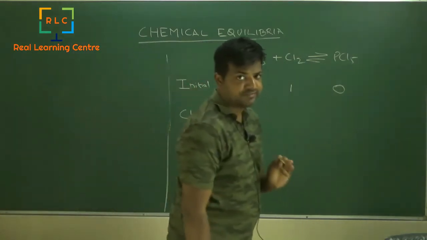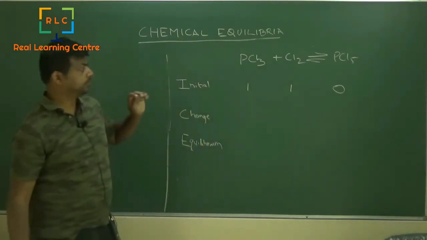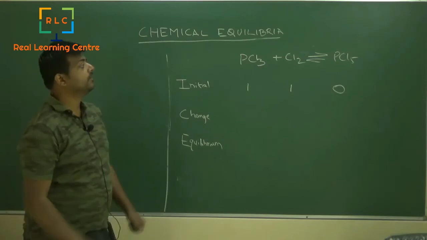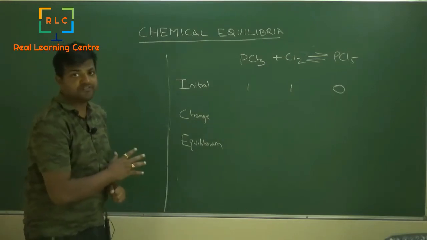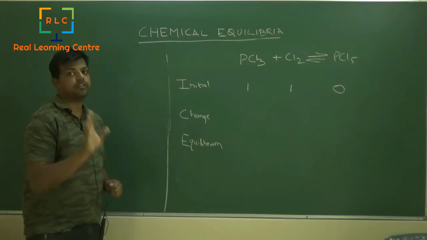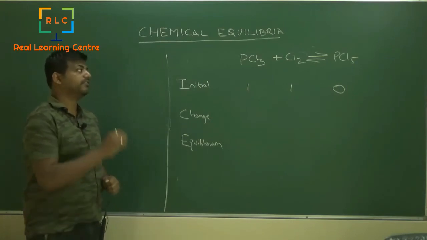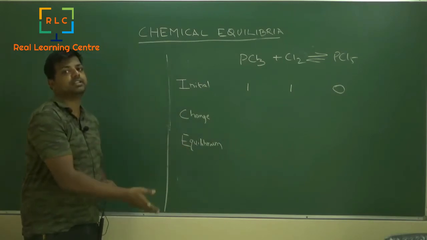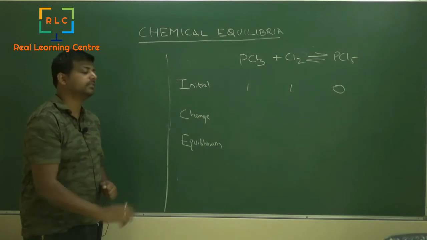There was no PCl5. So the reaction happens. Now, as per the stoichiometry, 1 mole of PCl3 is going to use 1 mole of Cl2 to give 1 mole of PCl5. So if 0.1 mole of PCl3 reacts, it will need 0.1 mole of Cl2 and it will give 0.1 mole of PCl5.